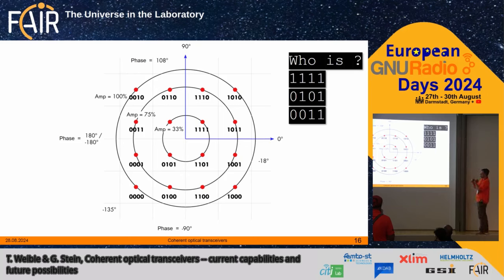What amplitude do you have to set up your current transceiver and what phase? Can you tell me that? The center of the diagram is the middle. So if you look on your table, which card is it? Any idea which amplitude and phase we have?